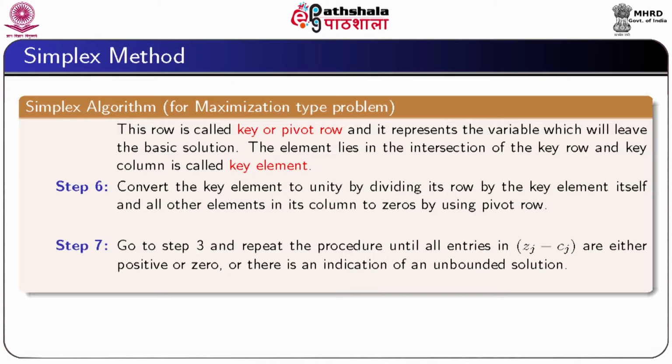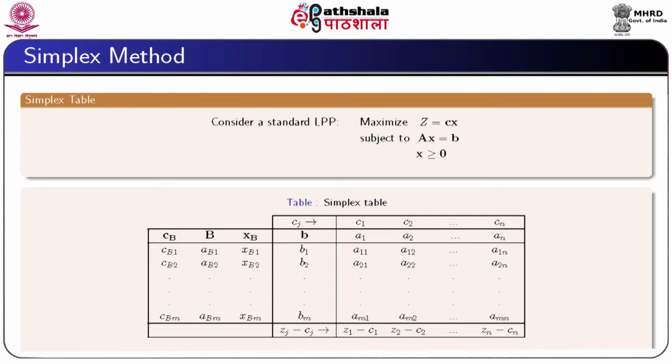Next, we go to step 3 and repeat the procedure until all the entries in Zj minus Cj are either positive or 0, or there is an indication of an unbounded solution. Before I take up an example to demonstrate the simplex method, let me show you how a simplex table is formed. This slide shows different columns for forming the simplex table.